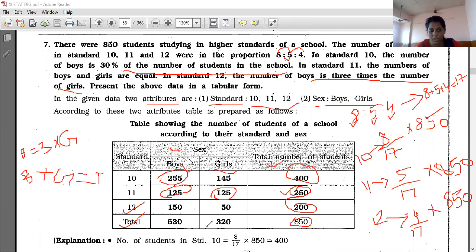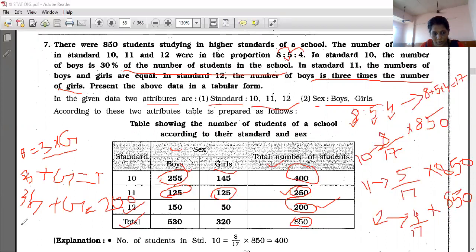We have the total of 12th standard as 200. So what equation is formed? 3g plus g equal to 200. So that comes to 4g equal to 200. So what is the number of girls? Girls equal to 200 divided by 4. That comes to 50. The number of girls is 50. So here we have written 50.